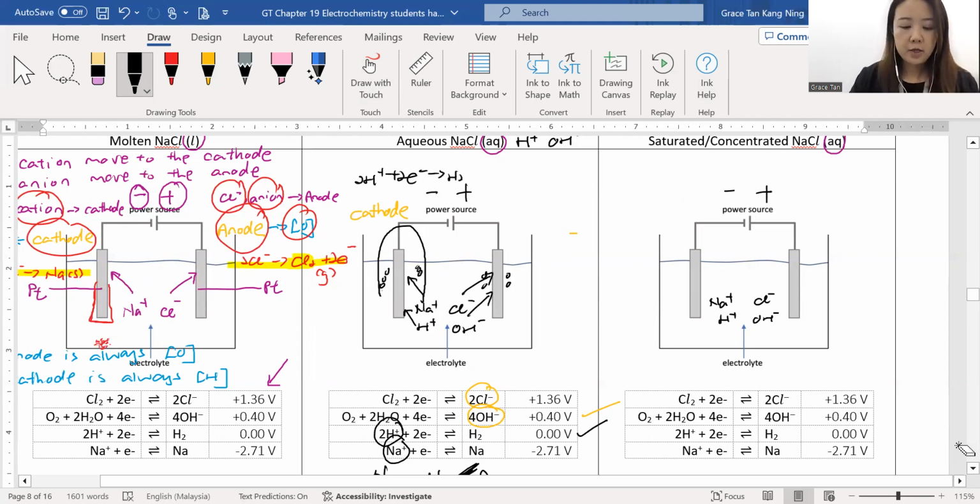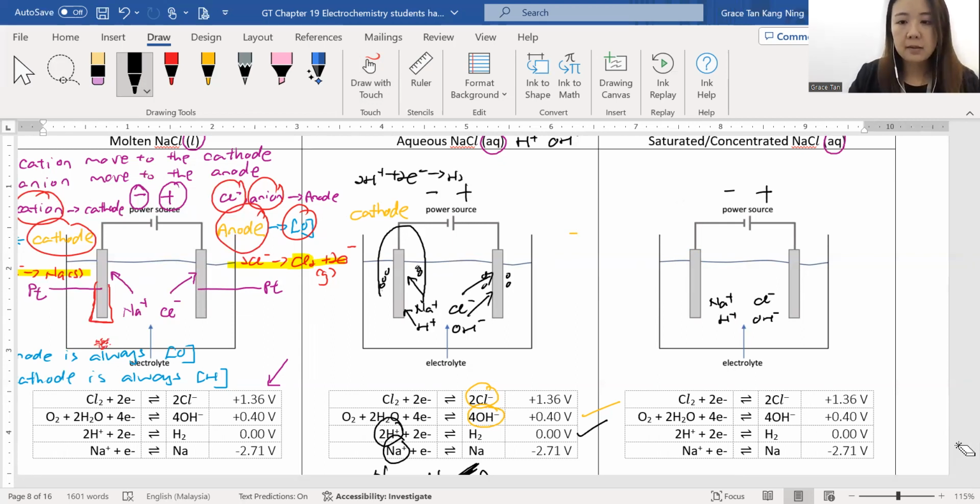Now you want to play with concentrated. Concentrated means you have a higher concentration of the Na plus and the Cl minus. So I'm going to use my red pen to put an arrow upwards to indicate Na plus and Cl minus concentration is higher than H plus and OH minus. First, we will settle the cation, because concentration only affects the anion.